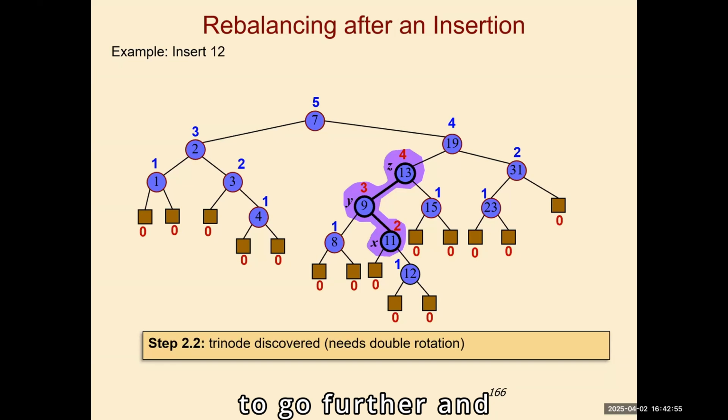And then you have to go further and find the next mistake and rebalance. All right? So if the maker of the exam was mean, they would make you do a deletion where you had to do a couple rebalances on the way up, right? If they're nice to you, they'll give you an insertion, and you have to do one.